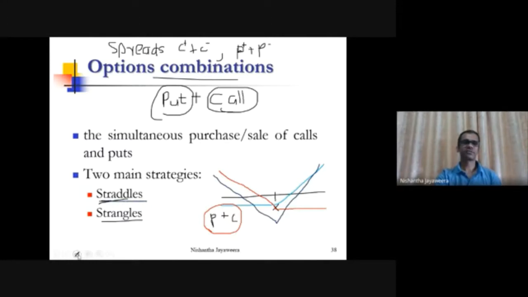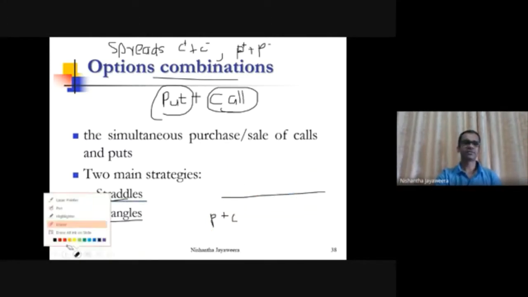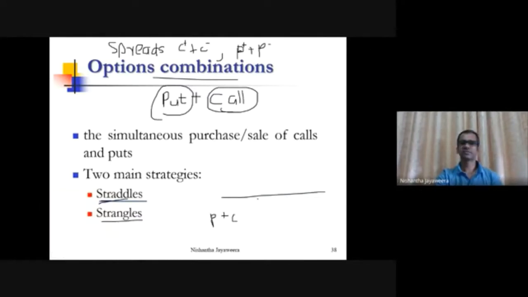In a strangle, what would happen? Instead of a single strike, you select two different strikes. So you buy the call here, you buy the put here, and you buy the call here.